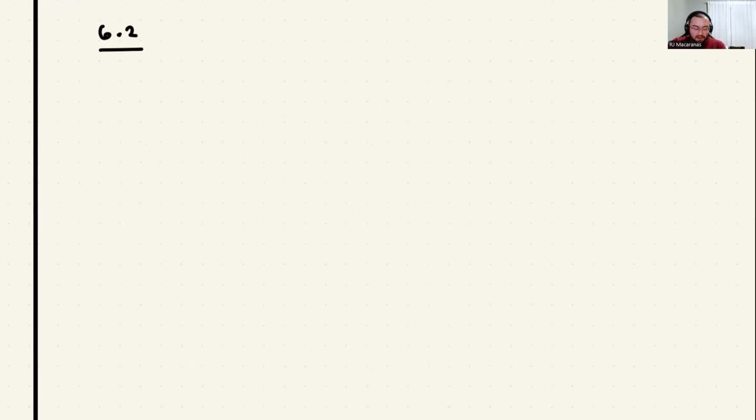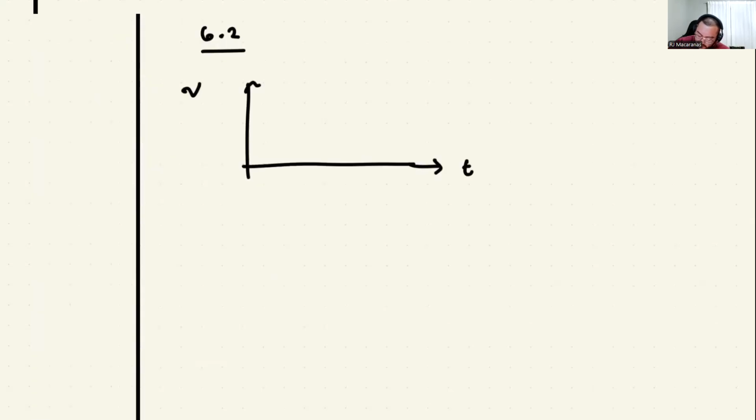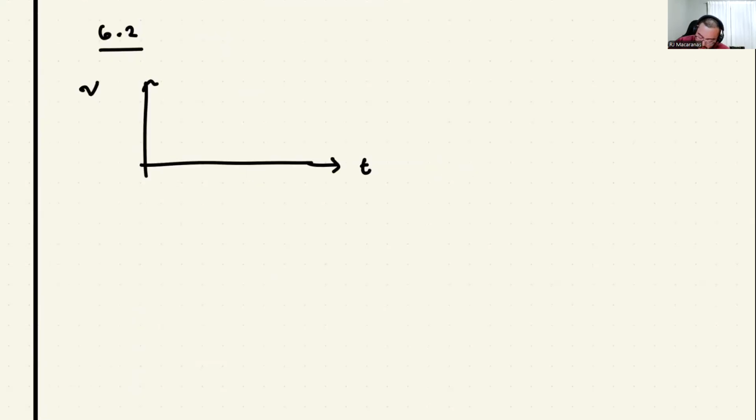And so this next one is a little bit more interesting. We're looking at 6.2, and it has a couple waveforms, which is pretty typical. When you get to analyzing these kinds of things, you're always looking at the waveforms. So we're looking at the voltage as a function of time across a capacitor, and they've drawn it out like so.